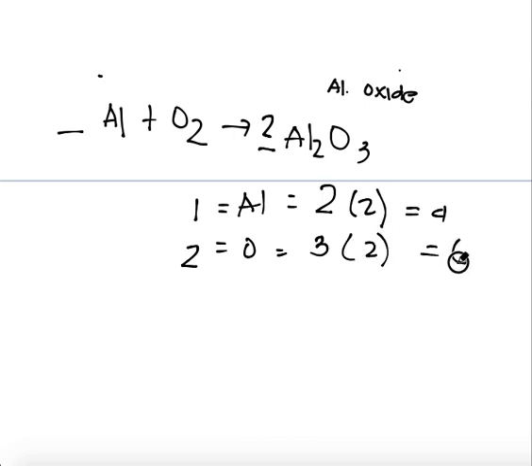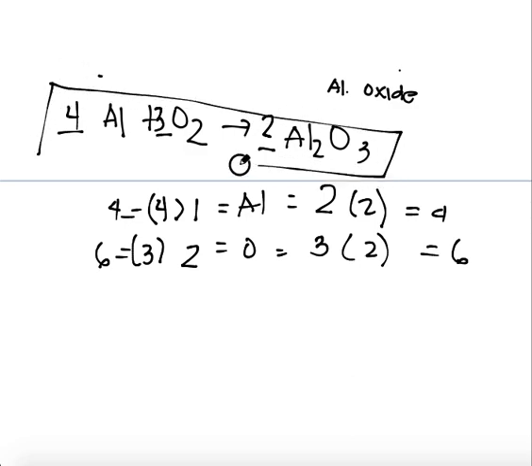The answer is 6. So for oxygen, it should be multiplied by 3 for it to become 6. Right? For aluminum, it should be multiplied by 2 to make it equal to 4. So thereafter, this is our balanced chemical equation for this reaction.